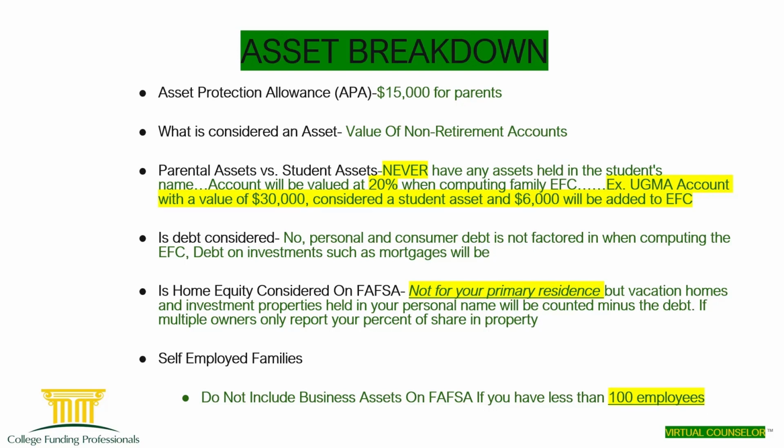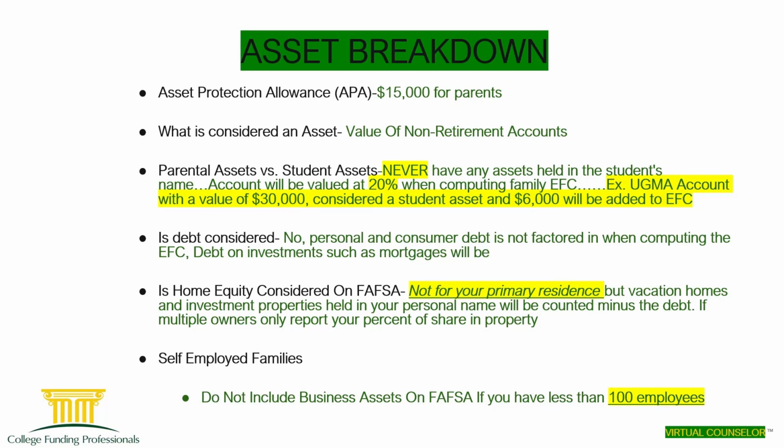Now, this is a very key point. Is home equity considered on the FAFSA? Is that an asset? Not for your primary residence, but they will factor in vacation homes or investment properties or any other home that you might have in your personal name beyond your primary residence, minus the debt like we just talked about.